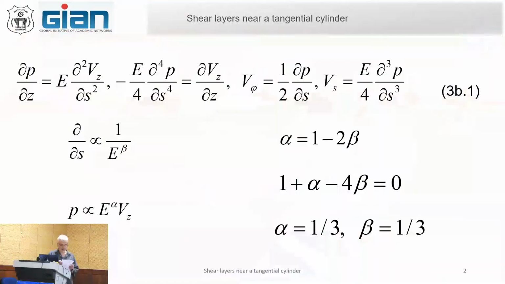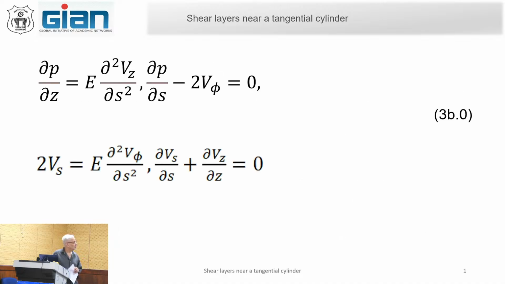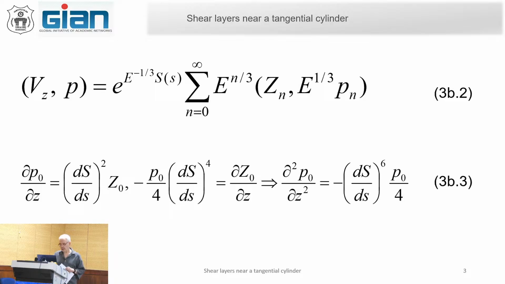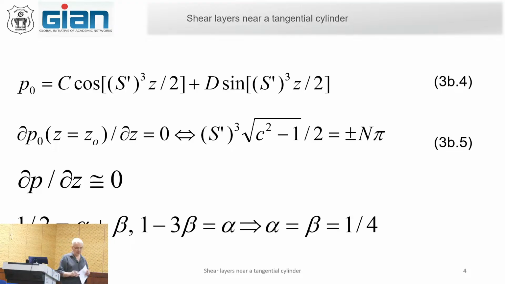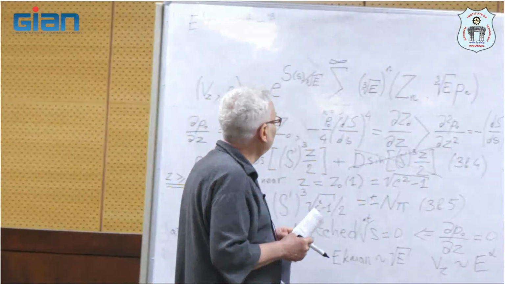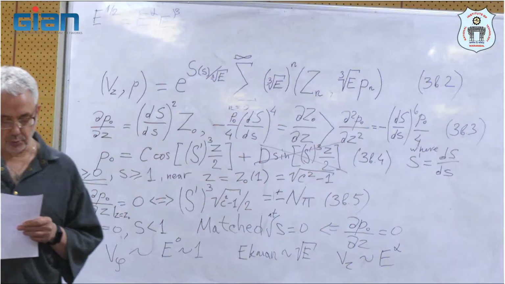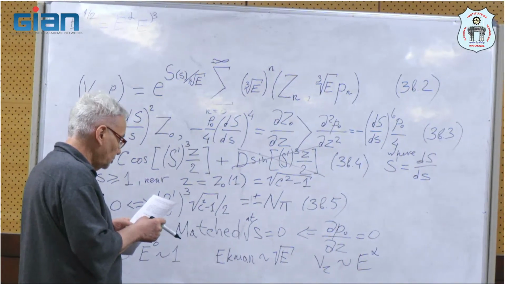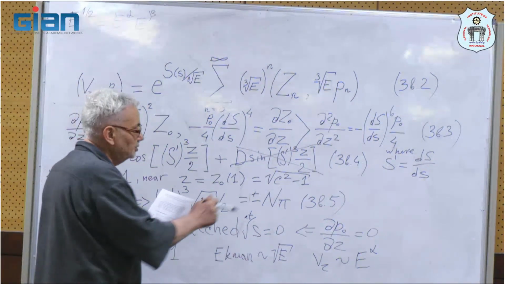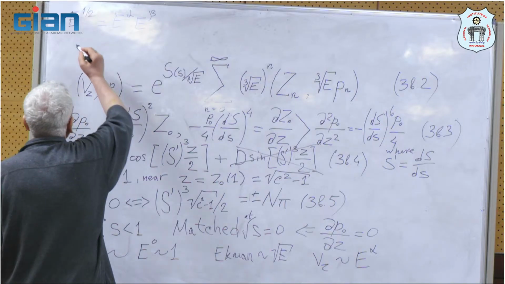Finally, in the outer shear layer, from this flow continuity condition and from the last two equations, the ones at the bottom, we have all these conditions listed here. Putting them into the equation and equating the corresponding terms in order to have the balance, we have the following relation.